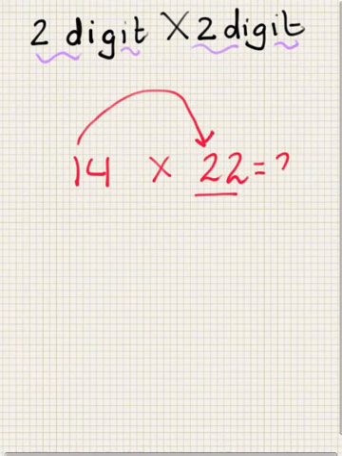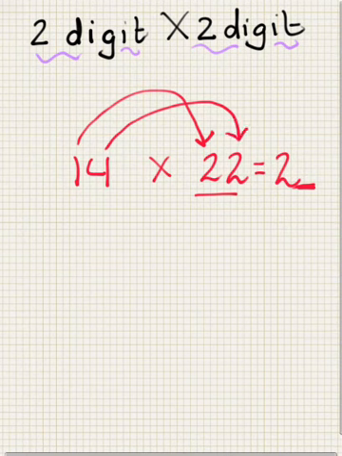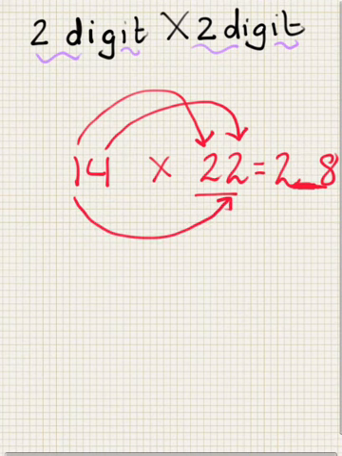So 2. And then I'm going to put a blank here. And then I'll multiply the second number with the second number, which is 4 times 2, which is 8.